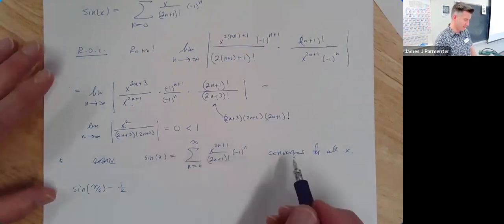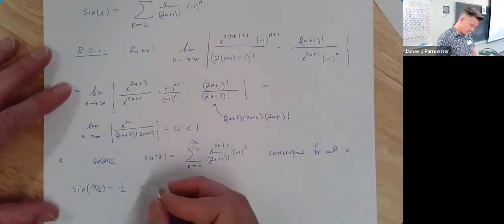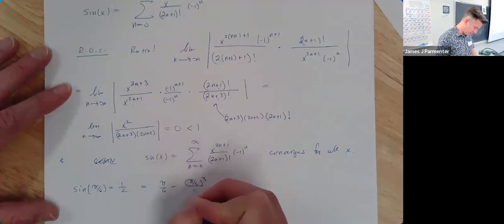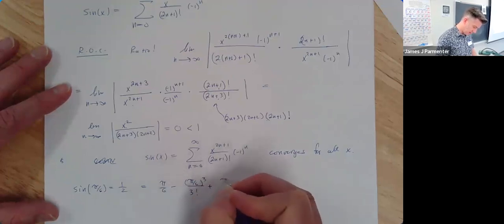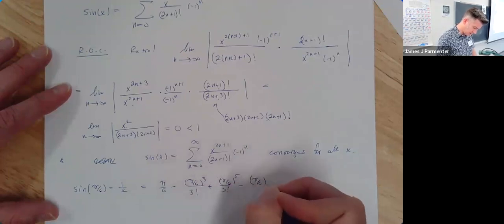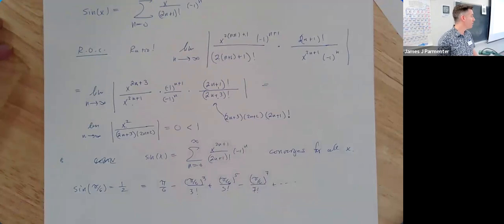But you can also write out an infinite series. You can say I'm also going to say it's equal to pi over 6 minus pi over 6 cubed over 3 factorial plus pi over 6 to the 5th over 5 factorial, and so on and so on. It's kind of crazy that this infinite sum of very irrational things would add up to 1/2. But it does.